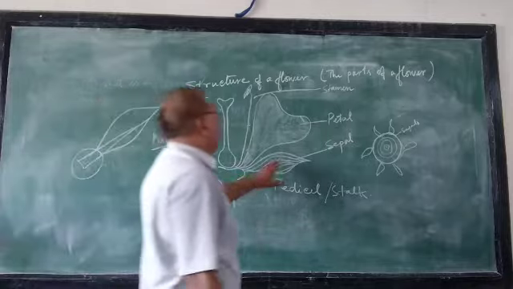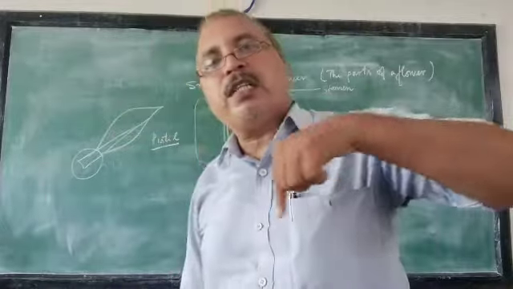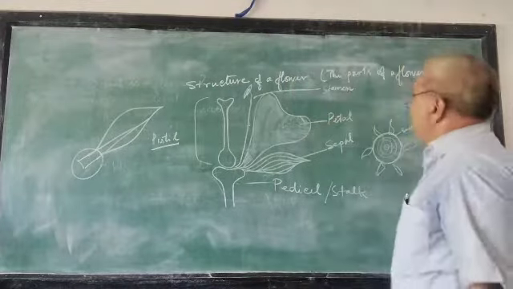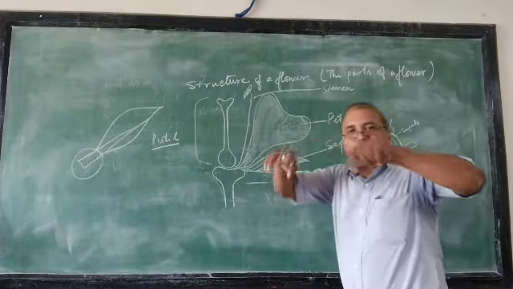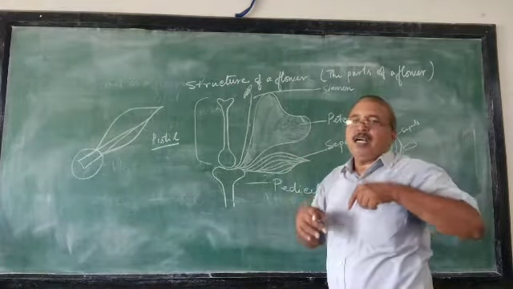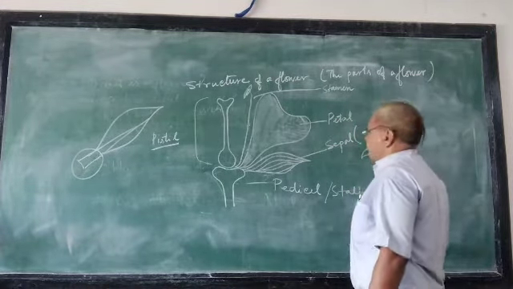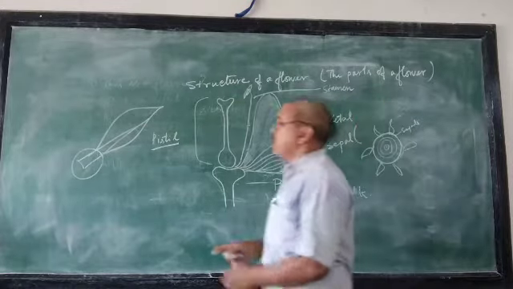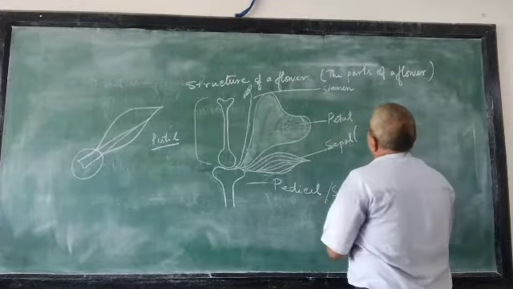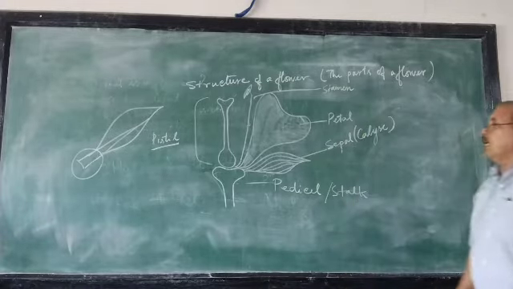There may not be just one sepal; many sepals are present in the circumference of the outer circle, right? All these sepals together make a whorl, a circle. And this circle of sepals is known as calyx, C-A-L-Y-X.